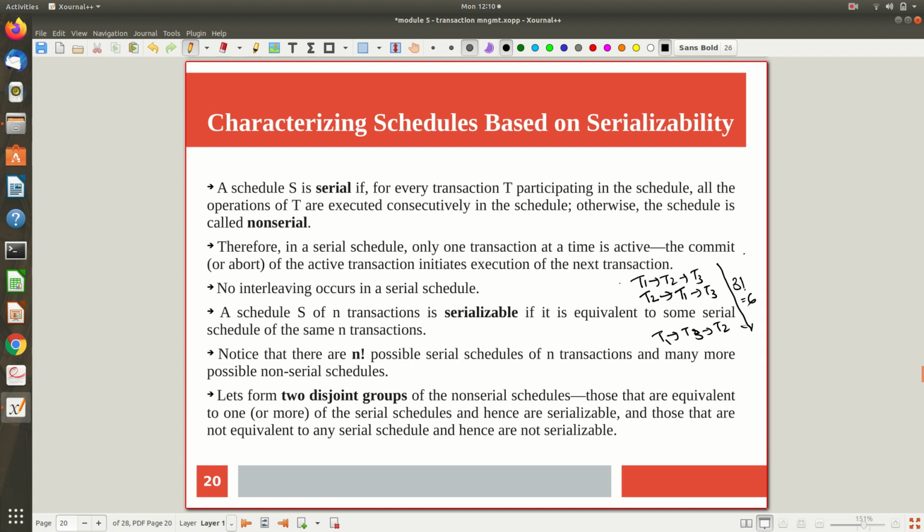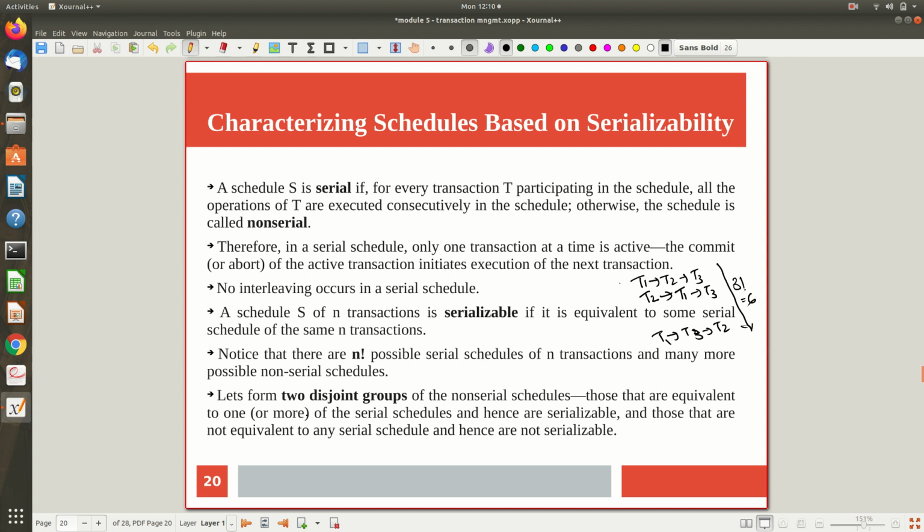Anyway, if you have any doubt, we will see an example and we will be very clear about it. Accordingly, you can think about 2 disjoint groups of non-serial schedules. For serial schedules, if I have n transactions, n factorial serial schedules are there, so the number of non-serial schedules is much higher, and I am partitioning them into 2 disjoint groups. With partitioning there is no overlapping, and when you take the union, you get the whole set of non-serial schedules.